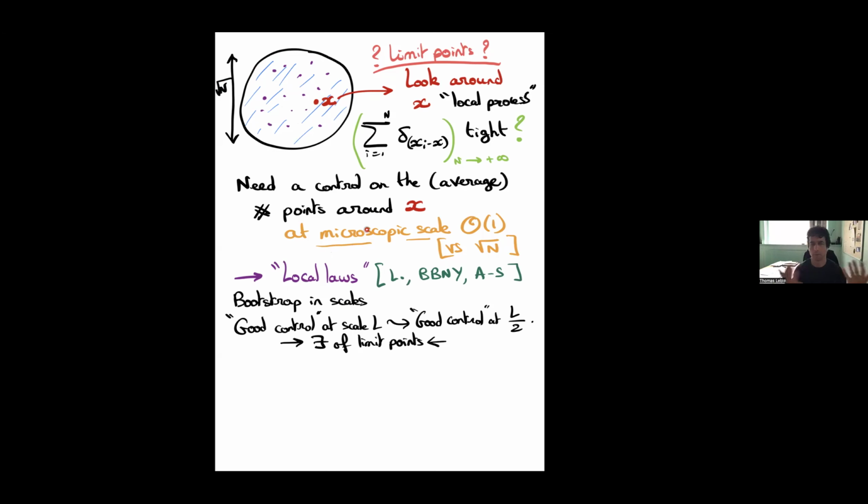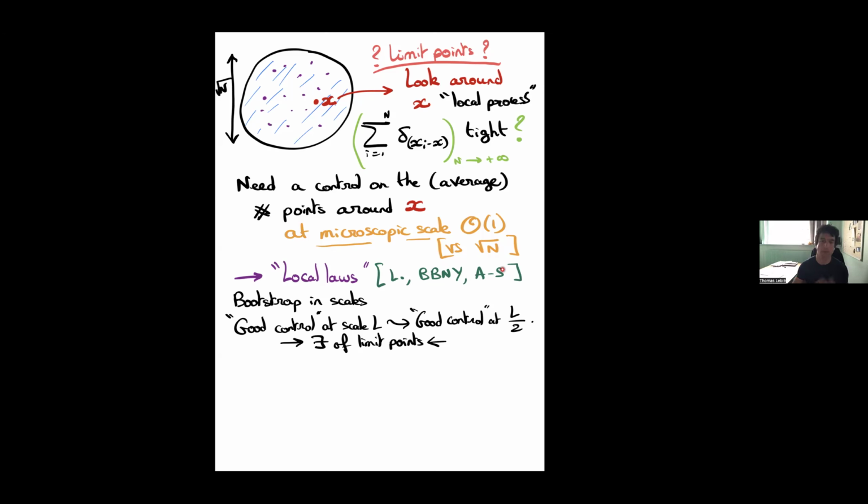If you know random matrix theory, you may know the local laws in random matrix theory. It's the same kind of idea. And you need to do some bootstrapping on scales that shows that if you have a good understanding of the system at a certain scale, you can pass it down to a smaller scale, and a smaller scale, etc. I had done that during my PhD, and Bauer, Schmidt, Bourgade, Nicolas, Yau also.